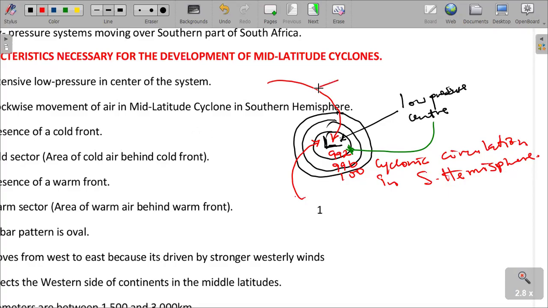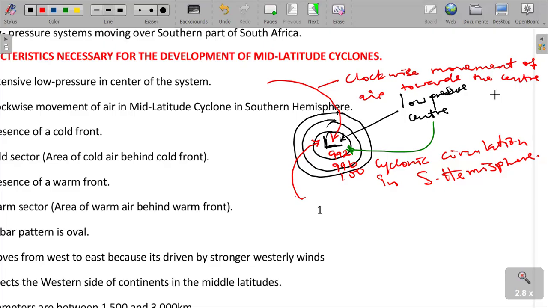These arrows are showing clockwise movement of air towards the center, which we say is a low pressure center there.